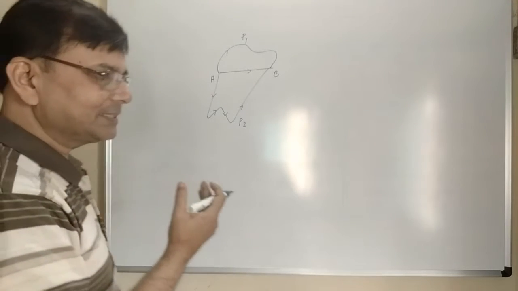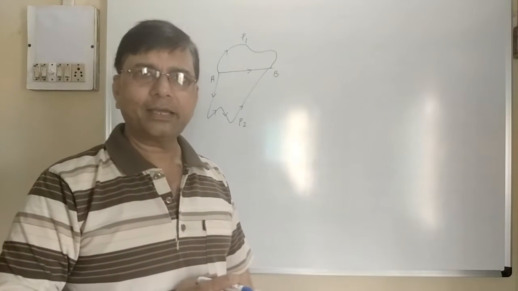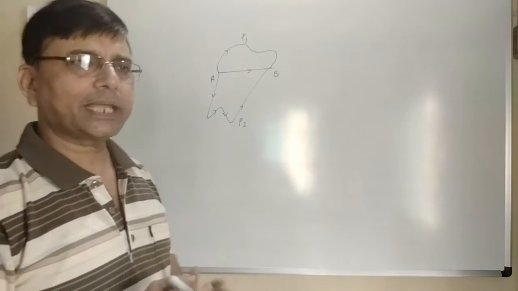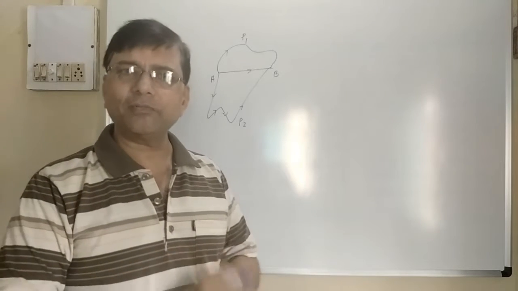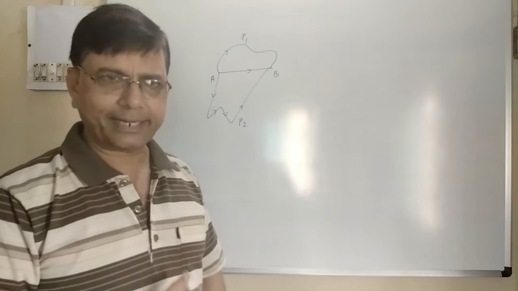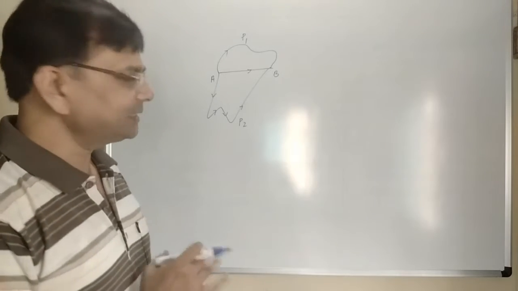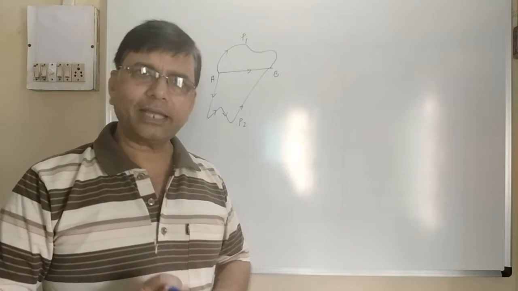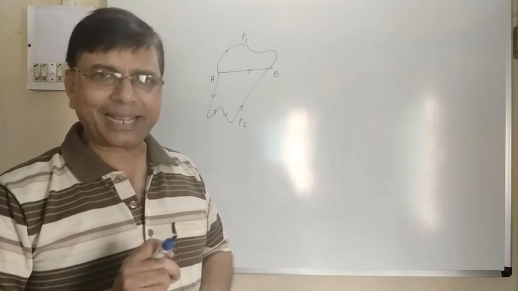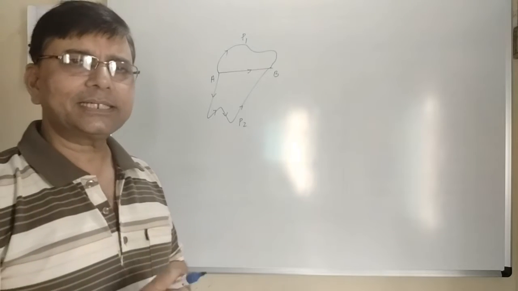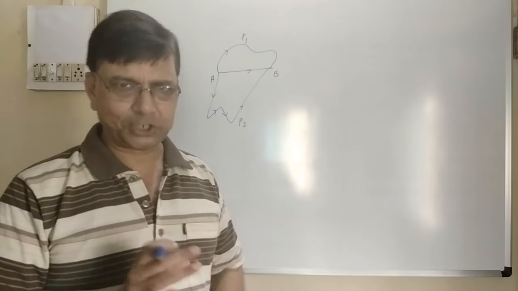So distance is a scalar quantity and displacement is a vector quantity. Scalar and vector, these things we will discuss later, and I will make a separate video for that. One thing should be understood well, that displacement tells the magnitude as well as direction, whereas distance tells only the magnitude.